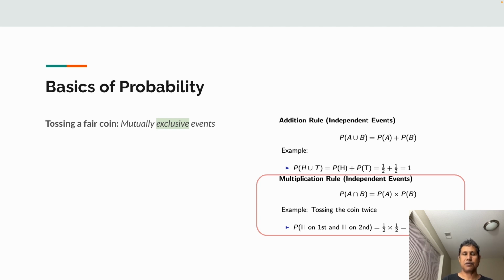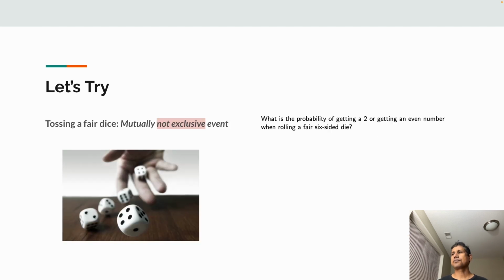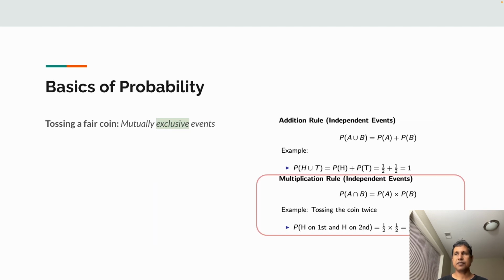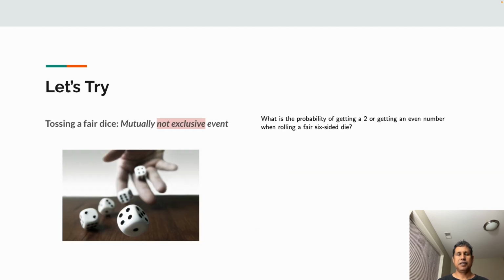You multiply, it will be 1/4, okay? So if you are clear about events where one doesn't influence the next event, we'll see an example where the events are not mutually exclusive, okay?